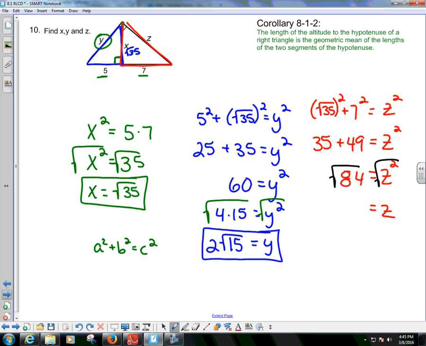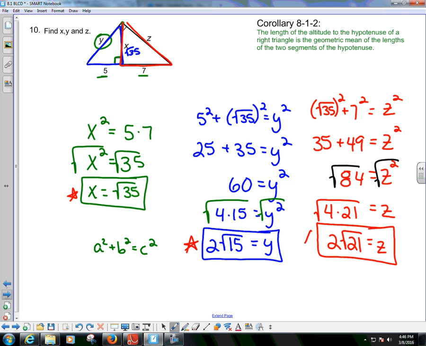And I'm going to look at 84, and I'm going to think about what goes into 84. And honestly, 84 is 4 times 21, and I can't get another perfect square out of 21. So the square root of 4 is 2. I can't simplify the square root of 21. So z equals 2 times the square root of 21. So that's number 10 finished. We've got x, we've got y, and we've got z.